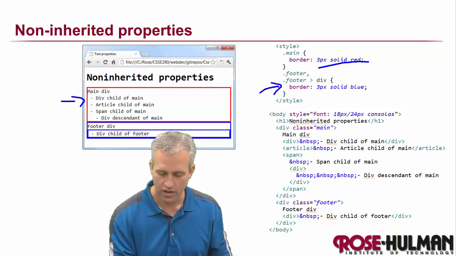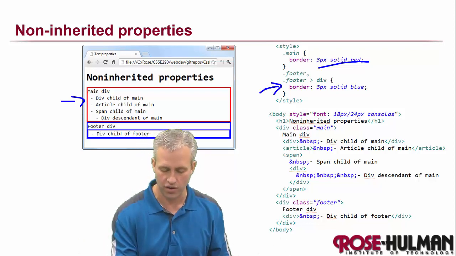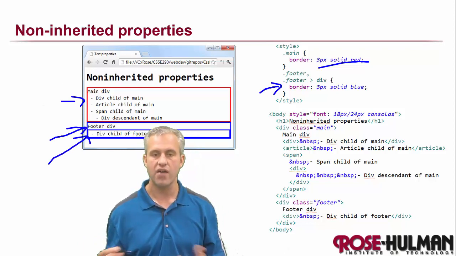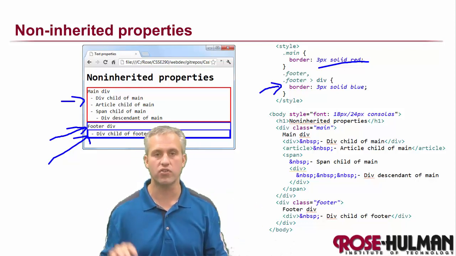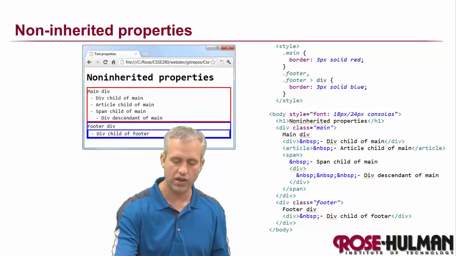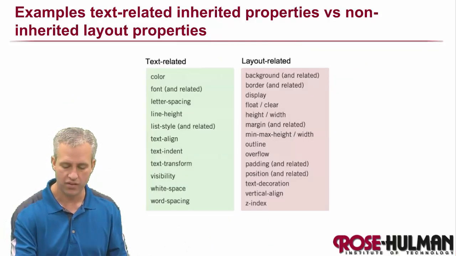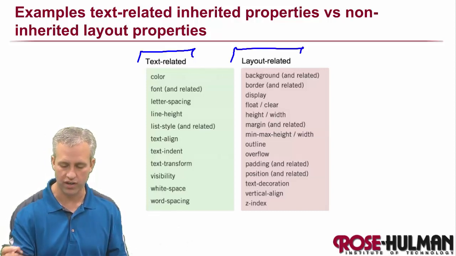If you wanted all the children to have it, that's fine, you could do that, but you have to list them. Here I said, put a blue border on the footer, and also put it on the children inside the footer, and that totally works, but you do have to manually set that. So for inherited versus non-inherited properties, the way you can think about whether they're going to get inherited is how related to text are they versus are they related to layout.